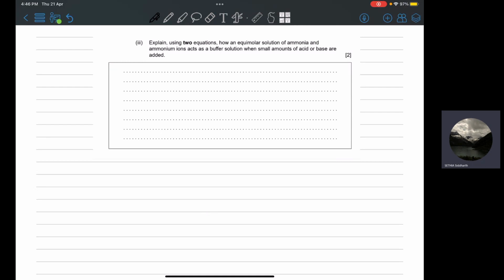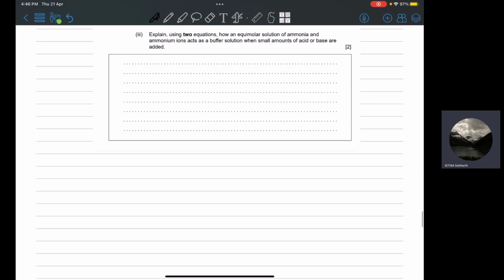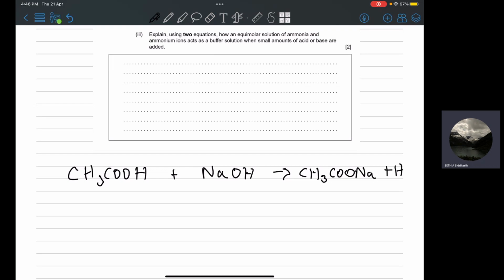My buffer is going to be a weak acid buffer. A weak acid buffer is a buffer where you have a weak acid and the salt of a weak acid. So for my weak acid buffer, I'm going to use ethanoic acid. I'm going to create my salt. That's the first thing we need. We need a salt. And you create a salt by reacting your weak acid with a strong base.